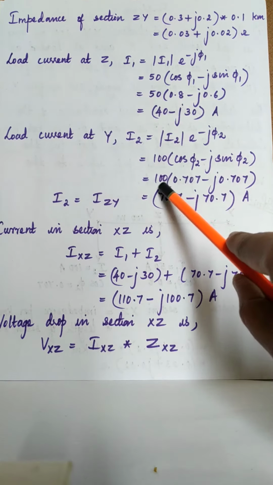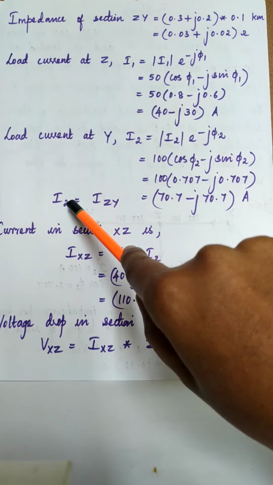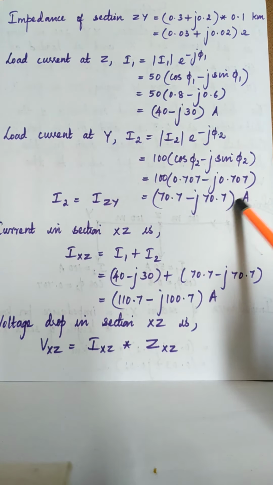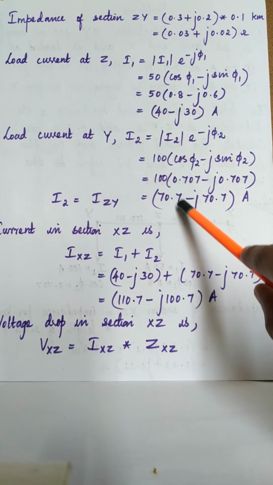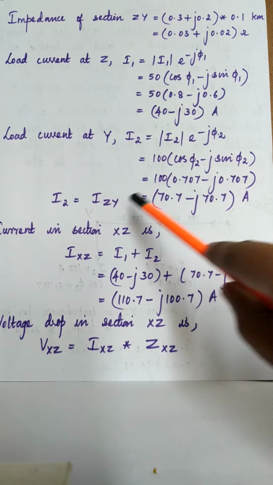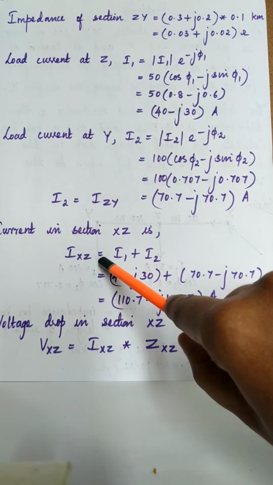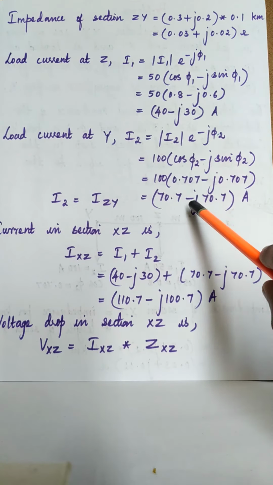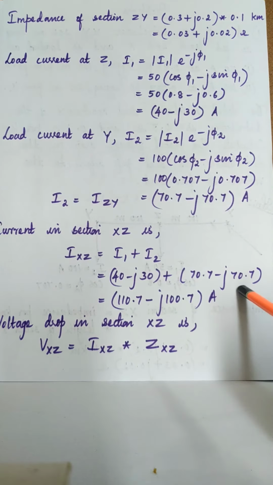When you multiply with 100, you will get the current in section ZY, I2, as 70.7 minus j70.7 amperes. Now we have got the current in section ZY. The current in section XZ, IXZ, is equal to I1 plus I2. Add both I1 and I2: 110.7 minus j100.7 ampere.